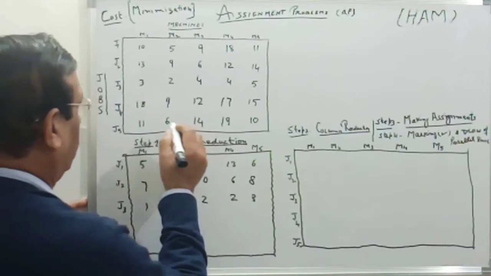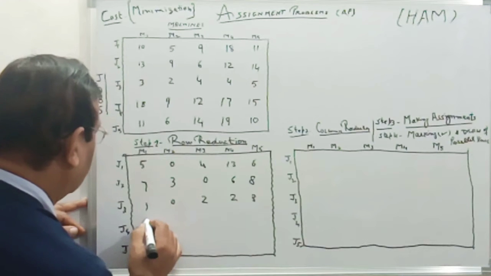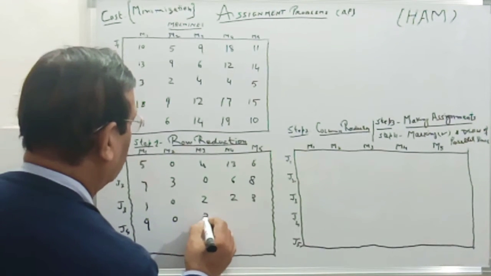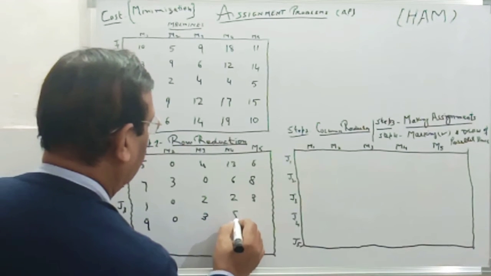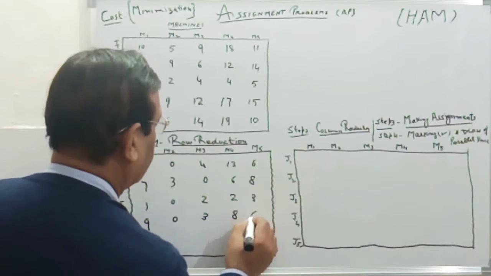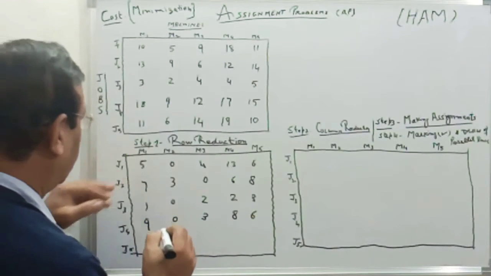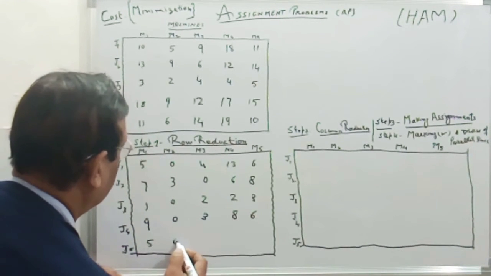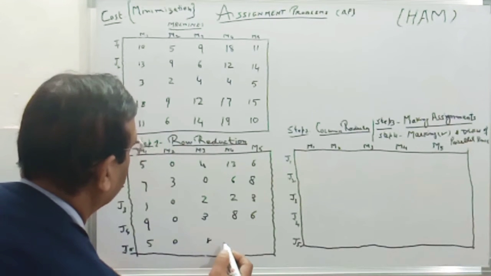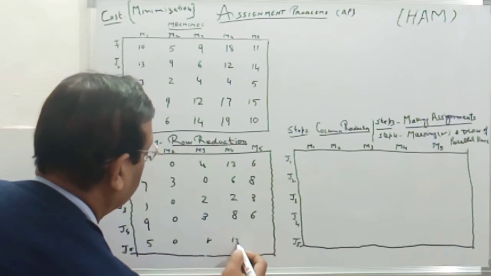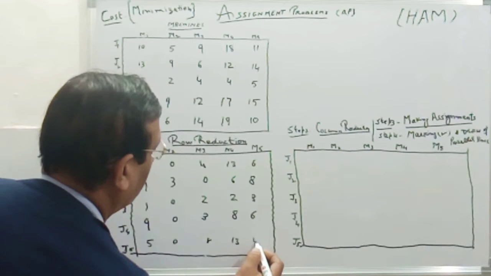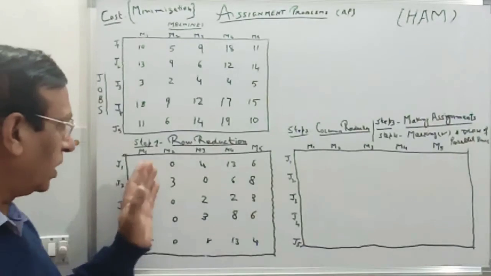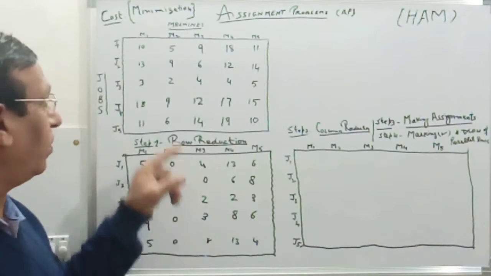Here the minimum is 9. So 9, 0, 3, 8, 6. And here the minimum is 6. So 5, 0, 8, 13 and 4.